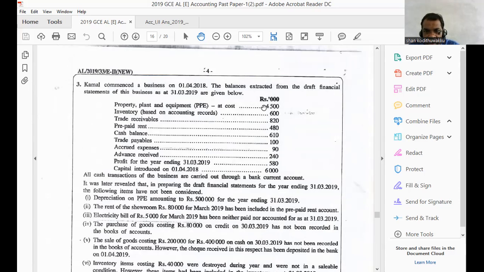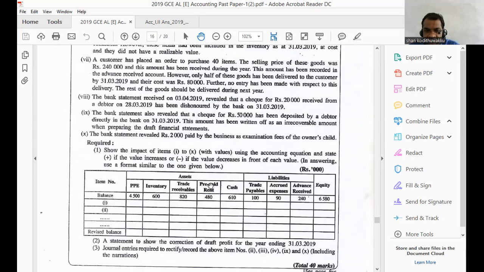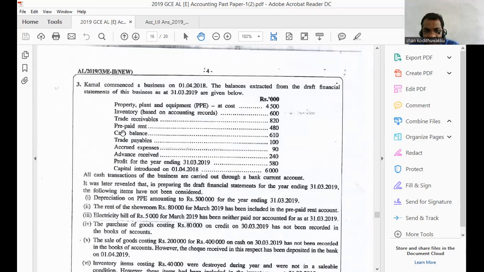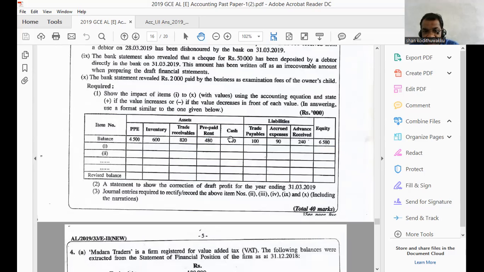Therefore, no need to put additional 3 zeros. Then you can save your time also. Then prepaid rent 480. Then cash balance 610. Again, they have put 610 under cash balance as at 1st April 2018.